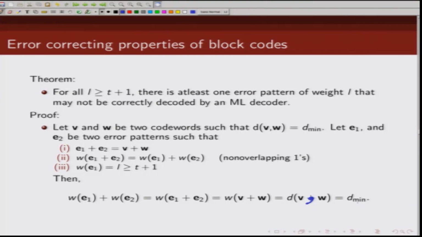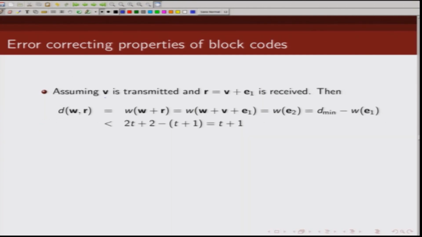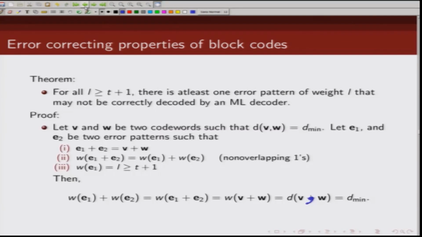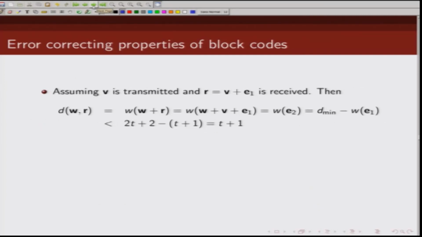So, this is equal to the minimum distance. Now, let us assume that we transmitted this code word v and what we received is r. So, this v got corrupted by this error pattern E1, which has Hamming weight of at least t plus 1.